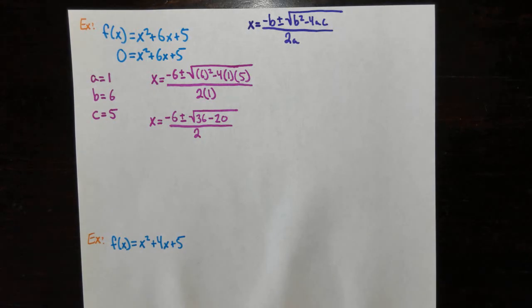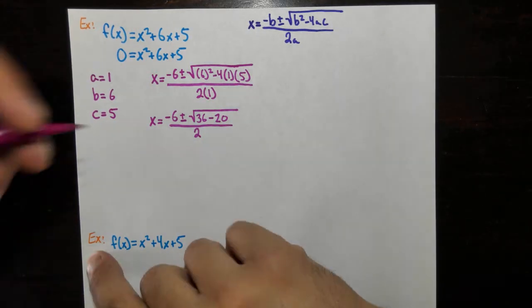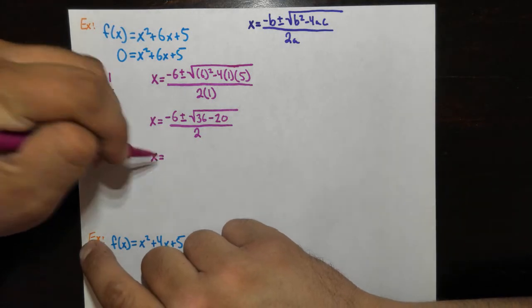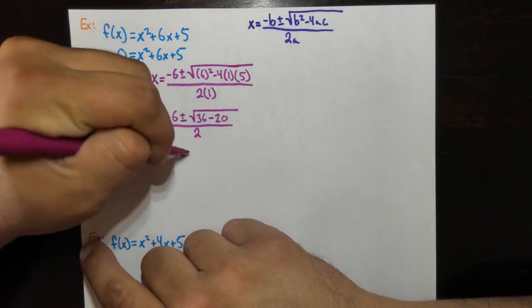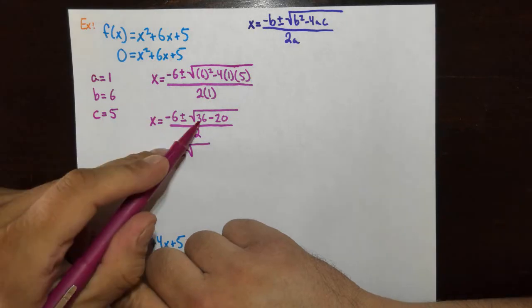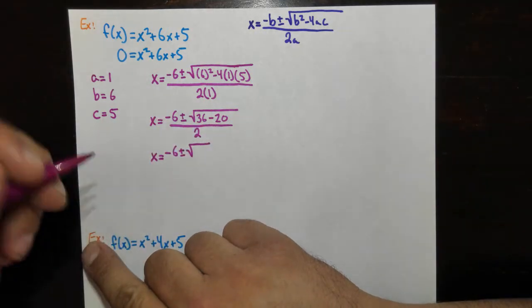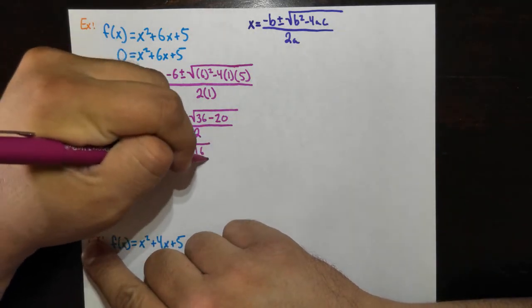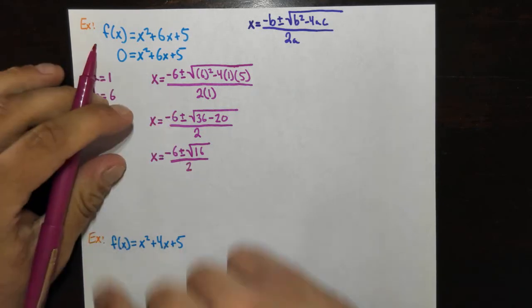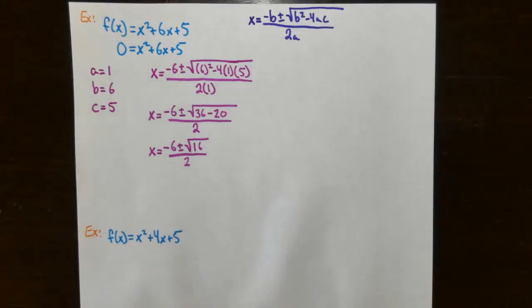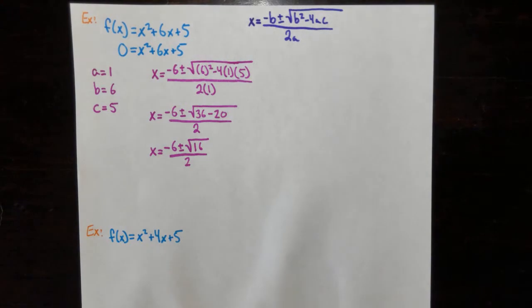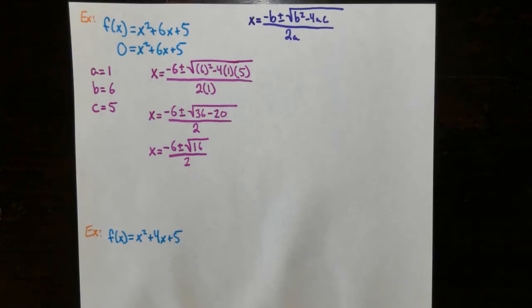Next, we can simplify under the square root, so we will. X equals -6 plus or minus the square root of 36 minus 20 is 16, divided by 2. Now, here's the thing. If the number under the square root is not a perfect square, then we would stop right here and say these are the roots.